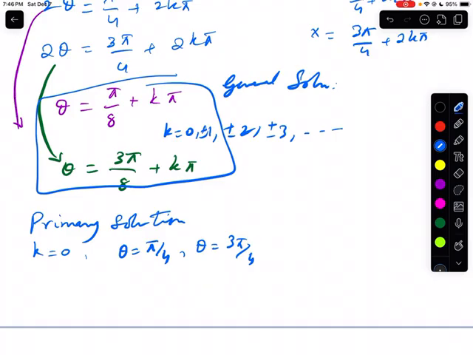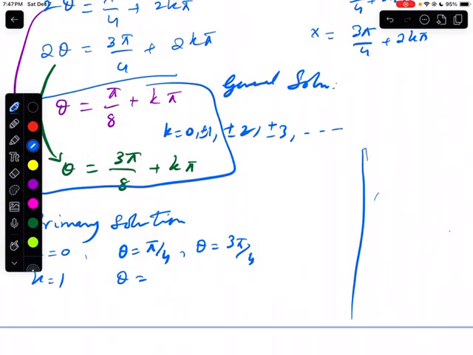When k is 1, I get theta equals pi over 8 plus pi, because k is 1 now. But that gives me 9 pi over 8. Sorry, this is my mistake here. This was 8 and this was 8.